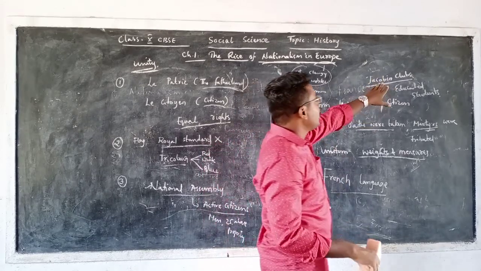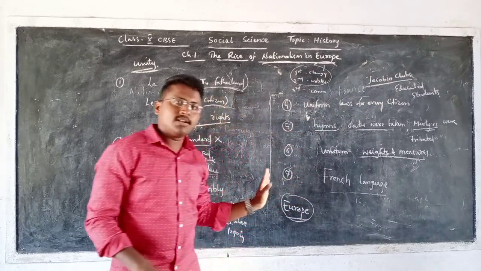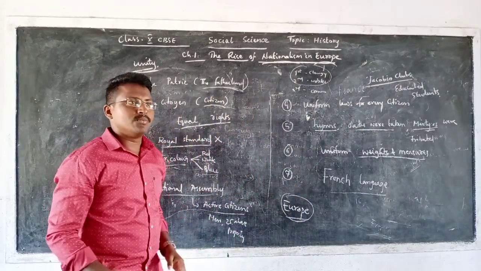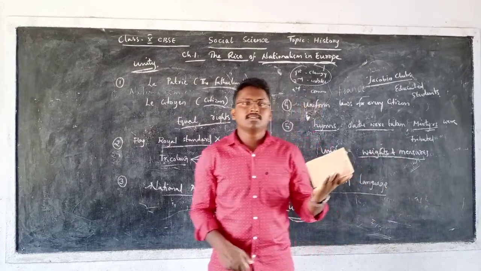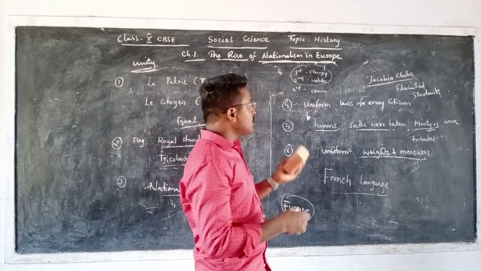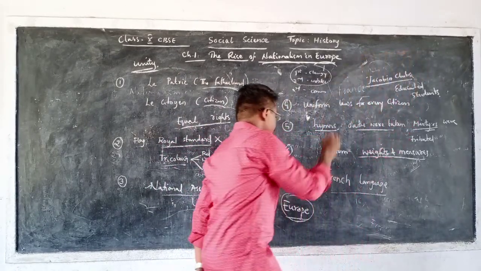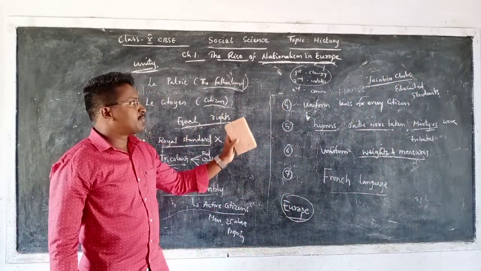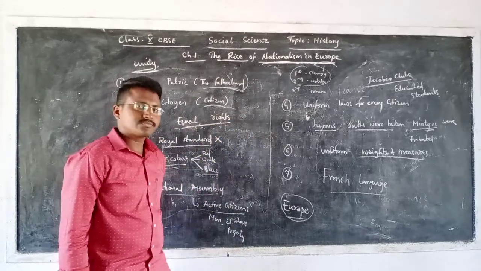So in his name, they started setting up these Jacobin clubs, not only in France but in entire Europe, especially in countries like Switzerland, Poland, Germany, Italy, etc. And the French people also decided to spread these ideas of revolution to all other parts of Europe.